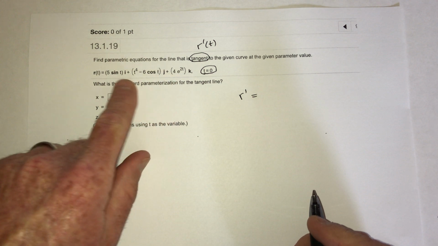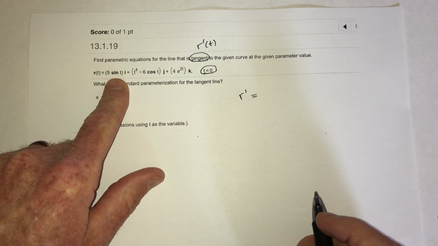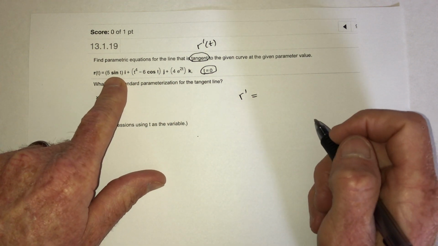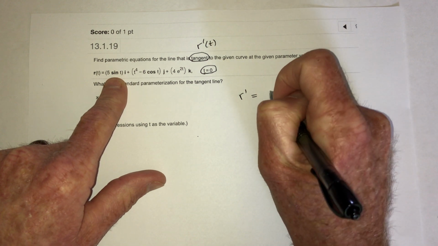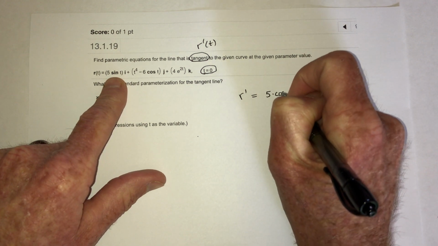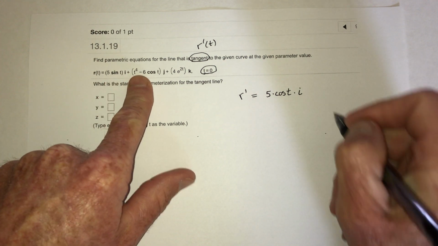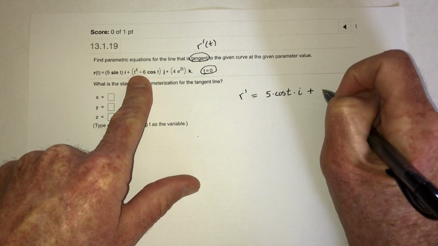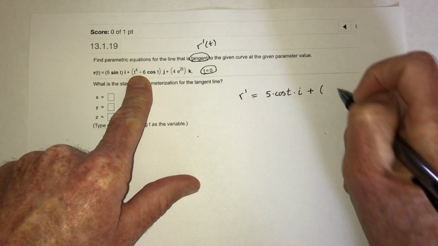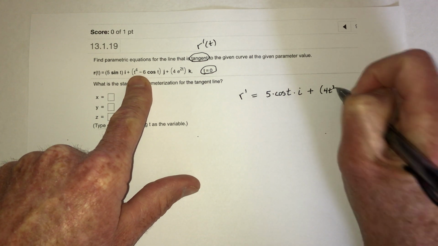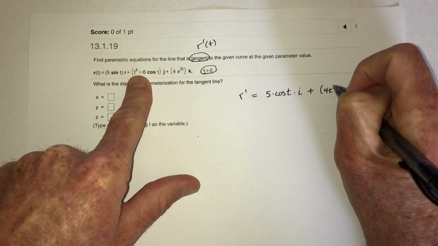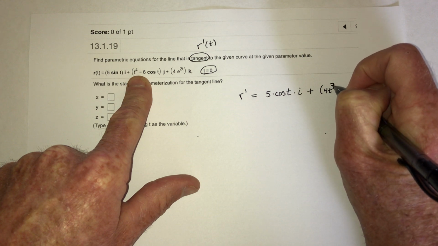So they're using ijk instead of the component form. So let's see, the derivative of sine is cosine. So this will be 5 cosine of t, and that's for the i component. Then the derivative in here is going to be 4t squared. Oops, just kidding, 4t cubed.